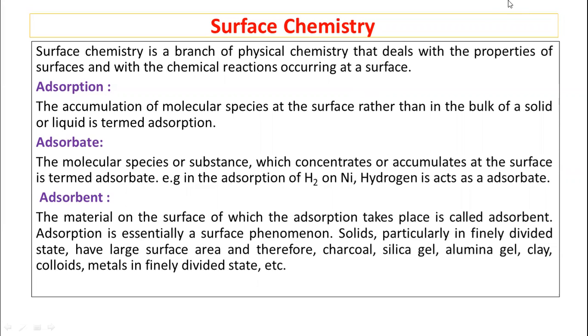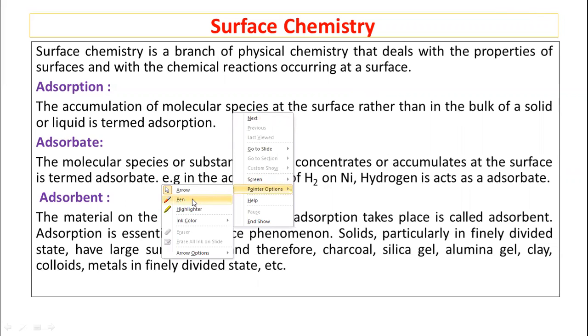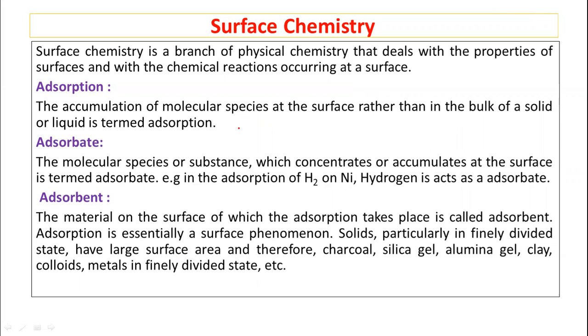Adsorption is the accumulation of molecular species at the surface of a solid, or it is the concentration of a substance onto the surface of another substance. That is called adsorption. In this process, one molecule gets adsorbed onto the other.